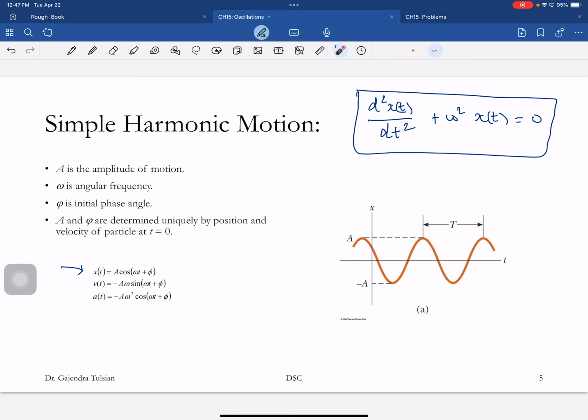Non-linear differential equations become a hard problem to solve. Okay. So the terminology is, this is a second order linear differential equation.